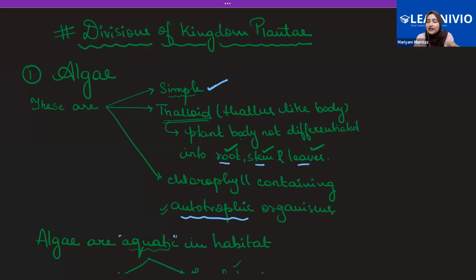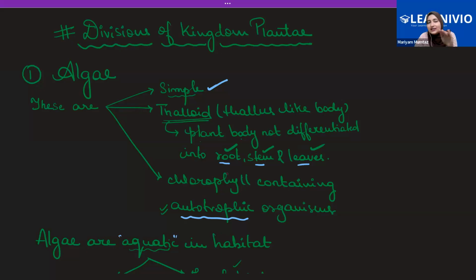So in the plant, we are going to see whether the body of the plant has been divided into root, stems, leaves or not. First, this is going to be our criteria. Second, which kind of gametes do they have. Then we are also going to see whether they have complex structures or simple structures. Then we are going to see their sexuality, whether both of them are present in one or separate. All of these things are going to be seen in the different divisions.